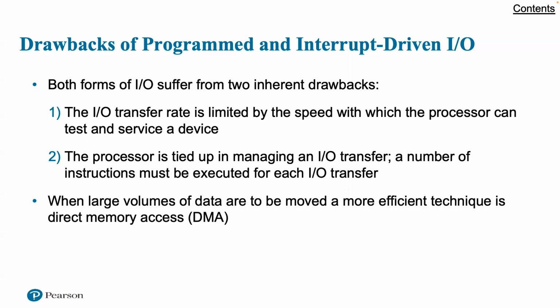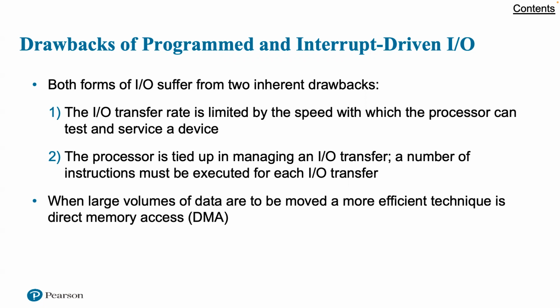Thus, both these forms of IO suffer from 2 inherent drawbacks. The IO transfer rate is limited by the speed with which the processor can test and service a device. So everything is being routed through the processor. The processor is tied up to manage an IO transfer. A number of instructions must be executed for each IO transfer.